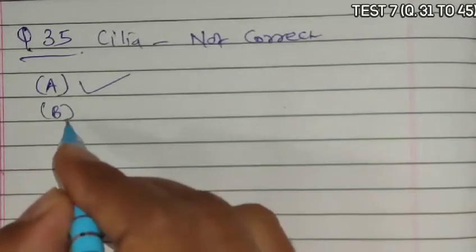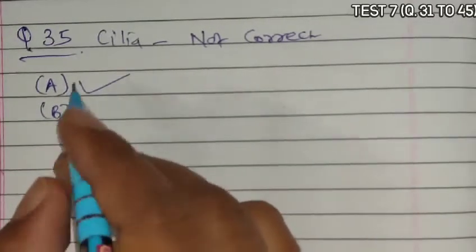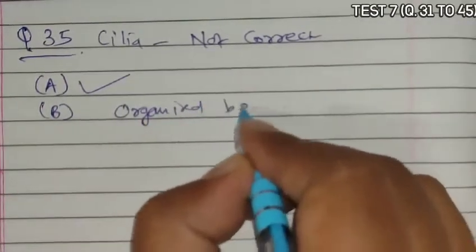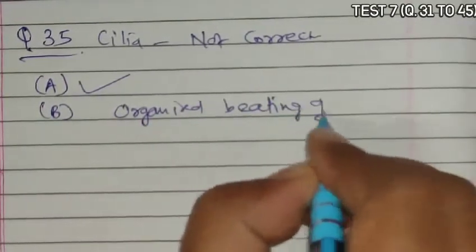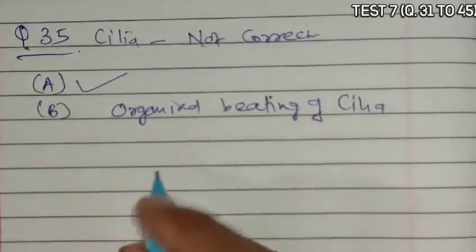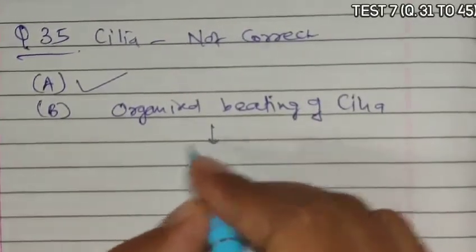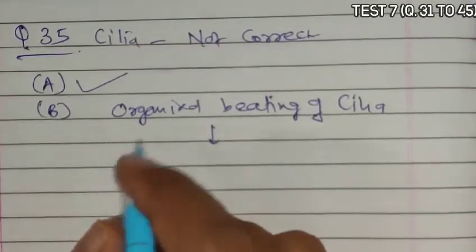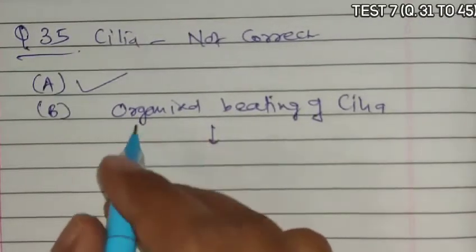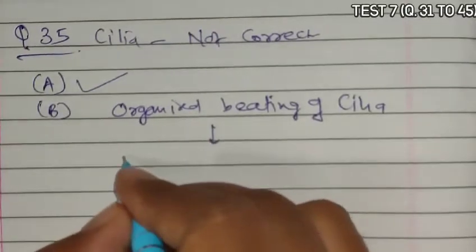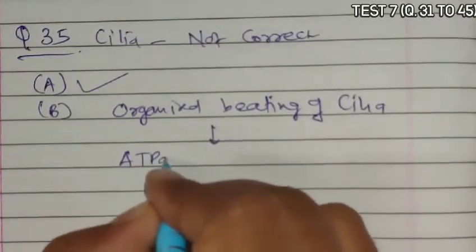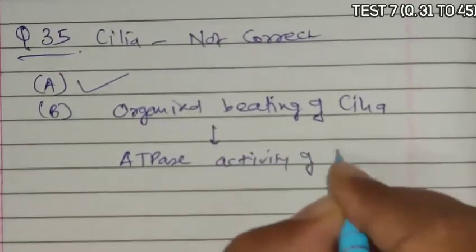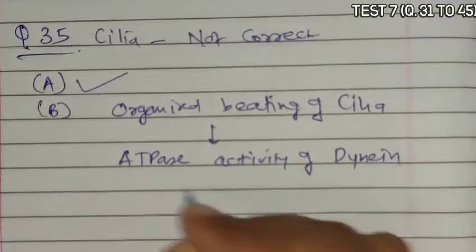B is given as the organized beating of cilia is controlled by fluxes of calcium across the membrane. Actually, it is not controlled by the fluxes of calcium across the membrane. It is controlled by ATPase activity of dynein protein.